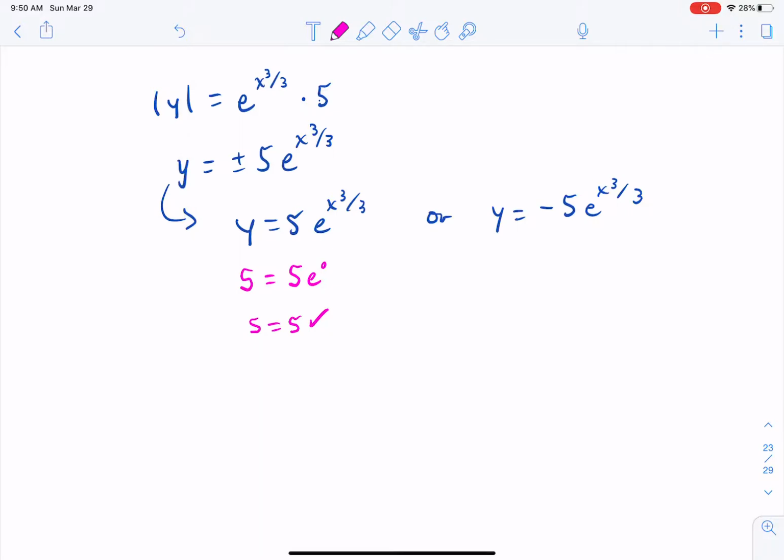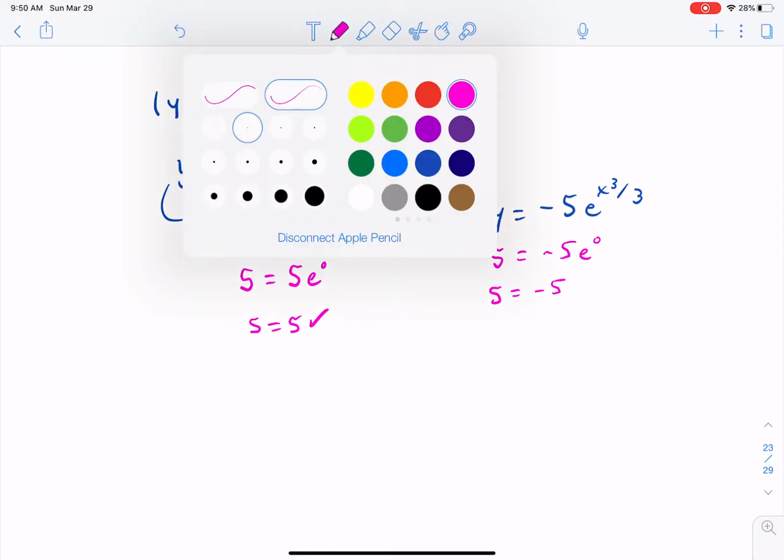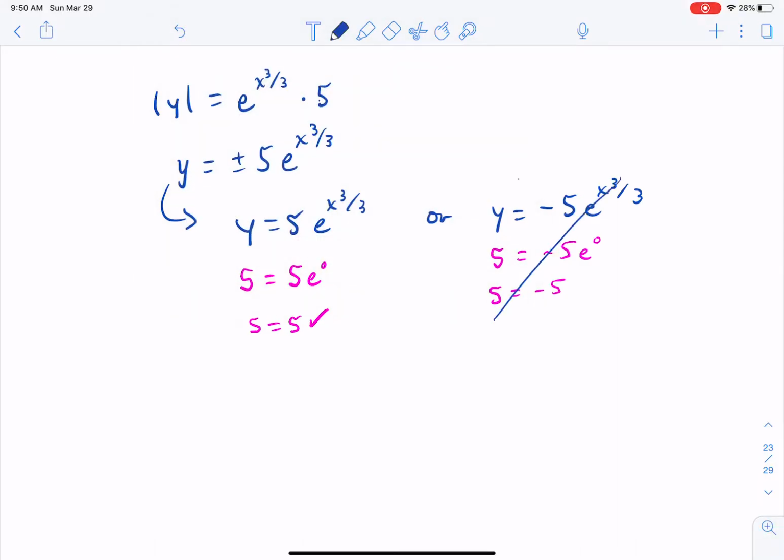If on the other side of the equation, we plug in our 5 is equal to negative 5 e to the, again, it would be 0. I would have 5 is equal to negative 5, which is just not true. Which means that that is not our solution. And our solution all along should have been y is equal to positive 5 e to the x cubed over 3.